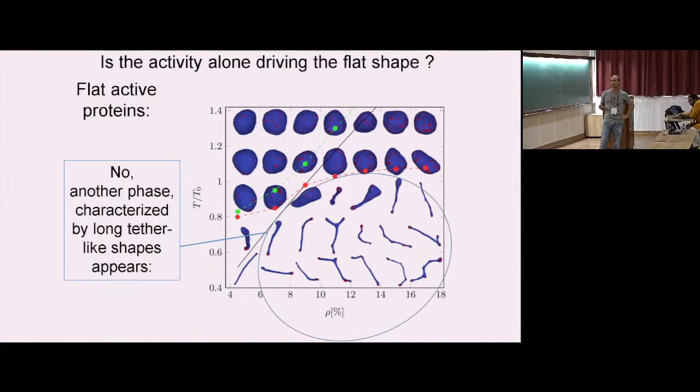And in fact, they're also very dynamic, unlike this flat shape, which was very, very stable, except for these small fluctuations around the rim. These are constantly changing. So the length of each of these protrusions is constantly changing. These aggregates that you see clearly at the tip of each of these protrusions are sometimes merging with each other, breaking again.